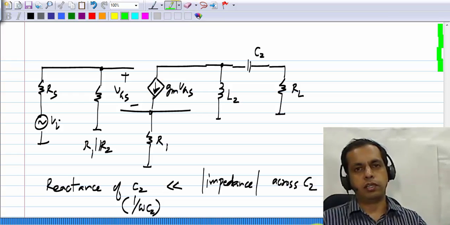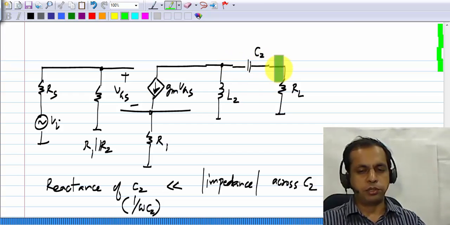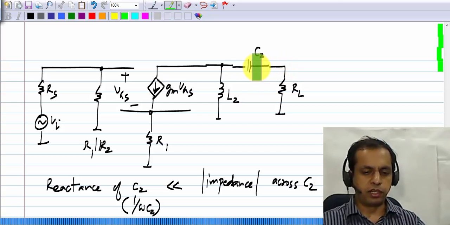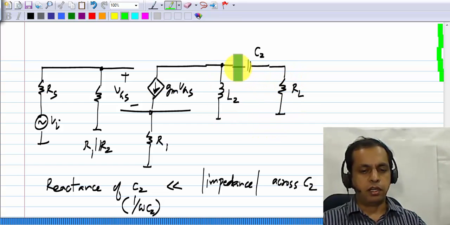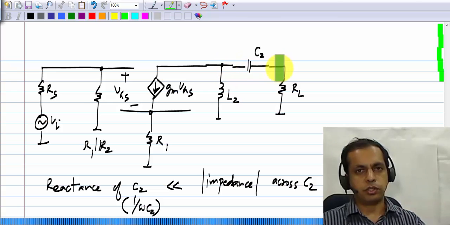We have evaluated earlier, in the context of the common source amplifier, the transfer function assuming that C2 is a short circuit, and also the transfer function including C2, and we found that if the reactance of C2 is much smaller than the resistance across it, then this condition will be satisfied and you will get the same output voltage and of course the same output current, whether you have C2 or whether you replace it with a short circuit.